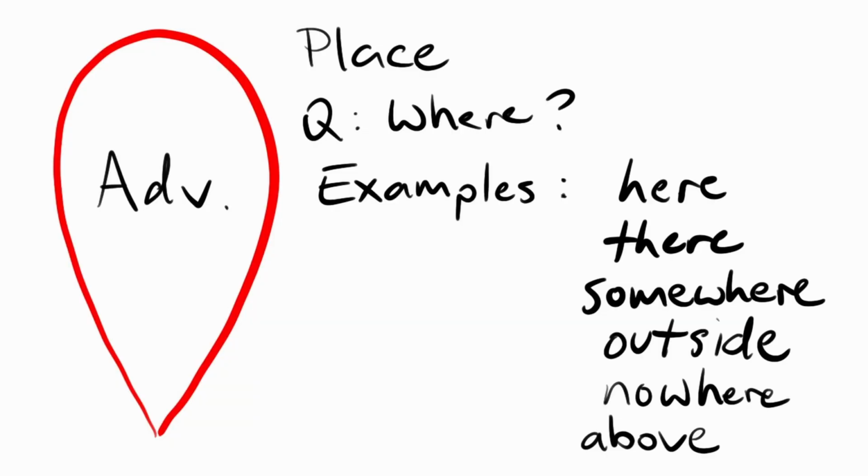Next, we have adverbs of place. Adverbs of place answer the question, where? Again, here it kind of behooves us to just take a moment and say that some of these words are often also used as prepositions. So how do you know if something is an adverb or a preposition? Well, remember, adverbs never modify nouns.